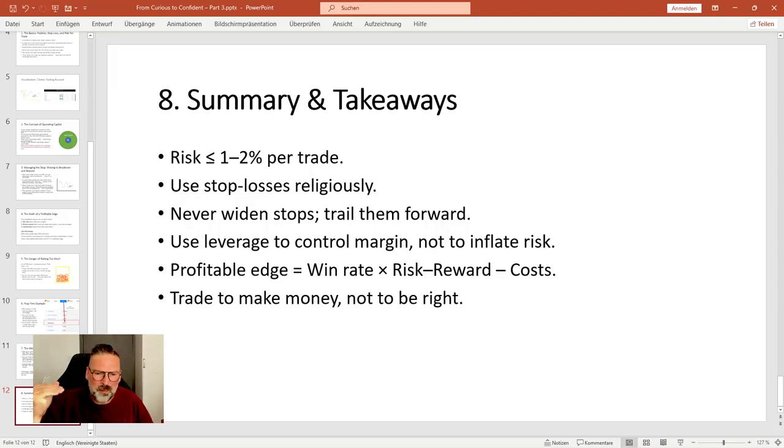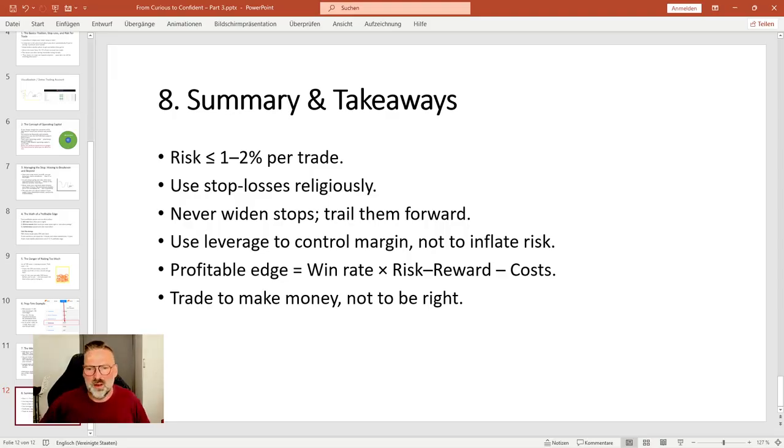So trail them forward. Use leverage to control margin. Don't inflate risk. Even if you don't deposit your 10K, that was the example, still you have to trade a 10K account, and that's what you need to be able to lose, right?